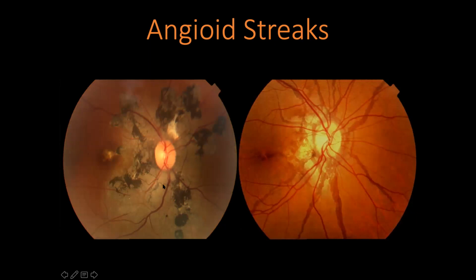You can see they're circumferential or circular, and they can be surrounded by pigment atrophy or loss of pigment, and they do represent fractures of Bruch's membrane, which I mentioned before, which contains elastic tissue, which becomes fragile due to calcium deposition in PXE.